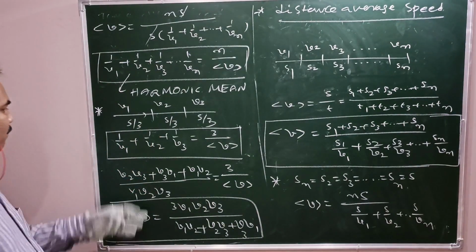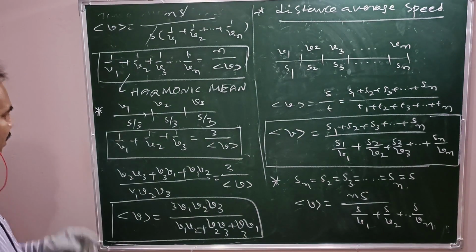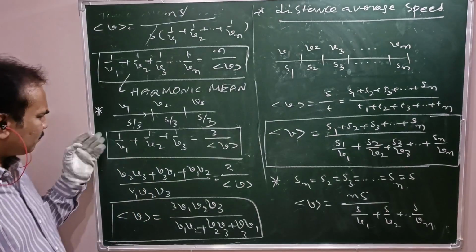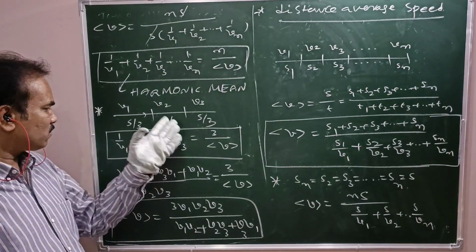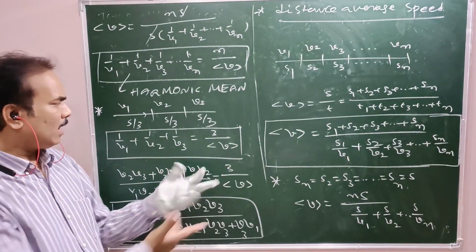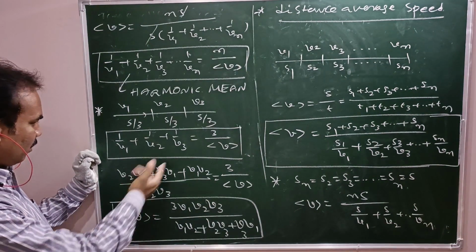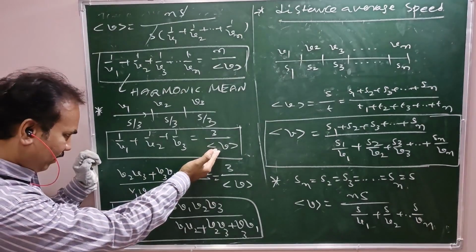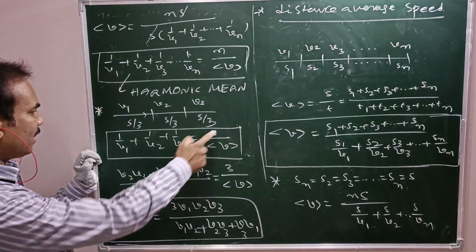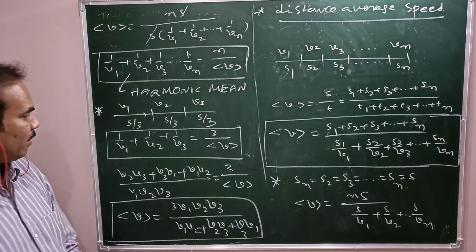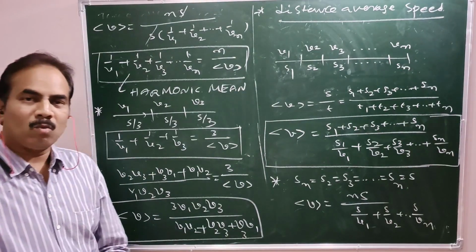This is another form for the same case. Either this form or this form, both are one and the same. 1 by V1 plus 1 by V2 plus 1 by V3 equals 3 by average speed. On making average speed the subject, it equals 3 times V1 V2 V3 by V1 V2 plus V2 V3 plus V3 V1. These two expressions are one and the same.